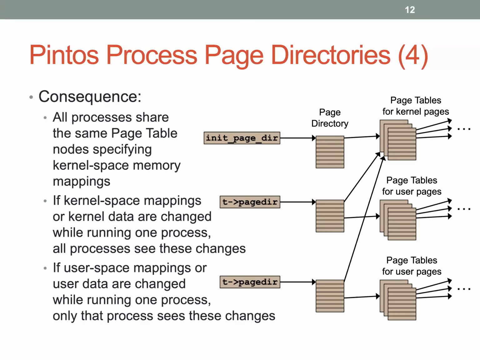If user space mappings are changed for a process, something's paged in, something's paged out, somebody calls mmap, munmap, that changes the process's user space map, but no other process will see those changes because of the way that this is all constructed. I really hope these pictures and these words clarify how this clever mechanism hangs together. If you have any questions, please put them into the chat.